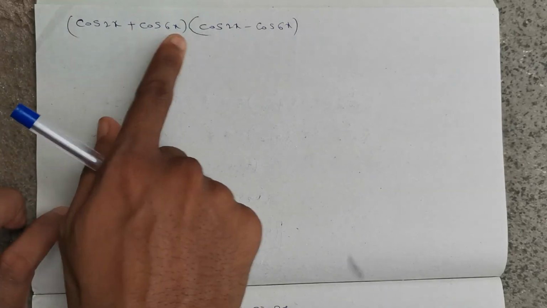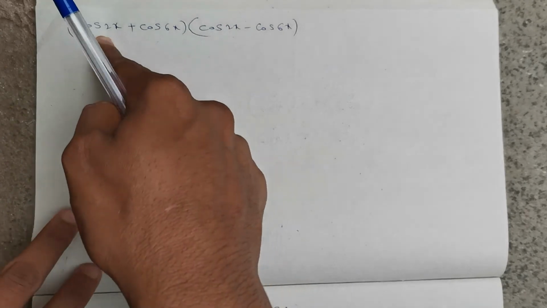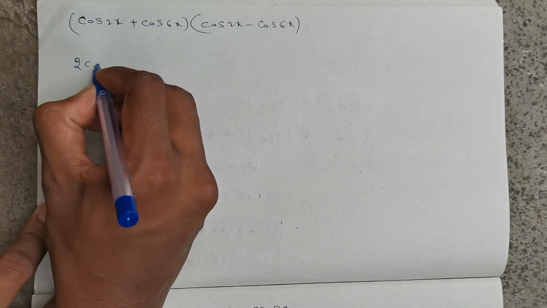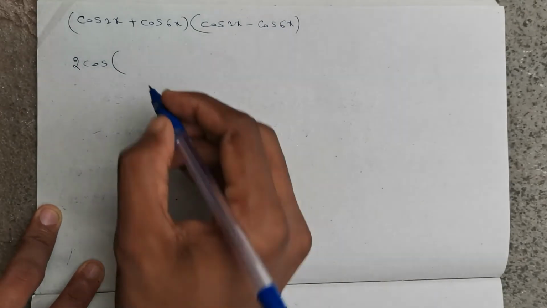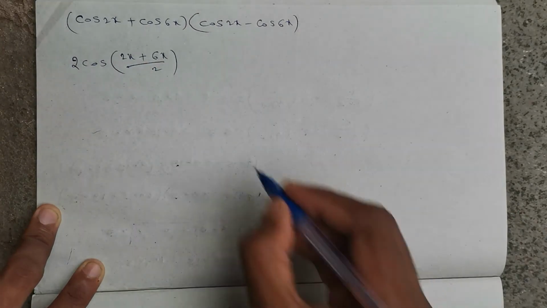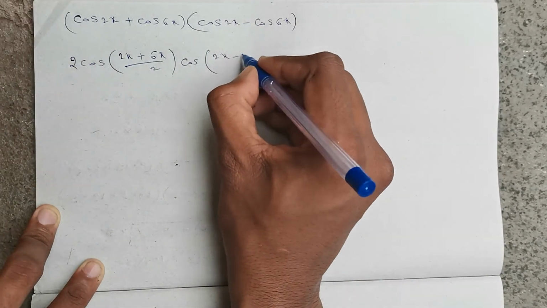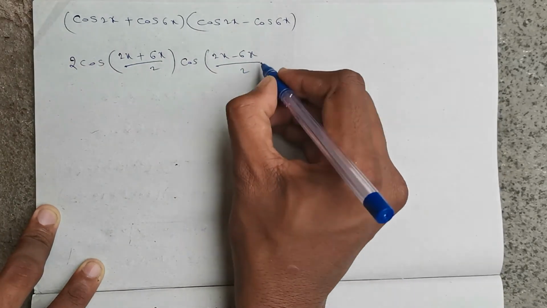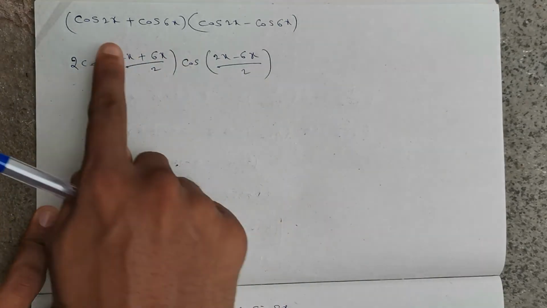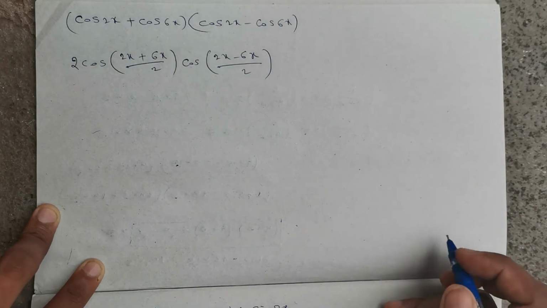This is cos A plus cos B, this is cos A minus cos B. First, cos A plus cos B is nothing but 2 into cos of (A plus B) by 2, here A is 2x plus B is 6x by 2, into cos of (A minus B) by 2, that is 2x minus 6x by 2. This total is for cos A plus cos B. Then again cos 2x minus cos 6x is there, that is cos A minus cos B.